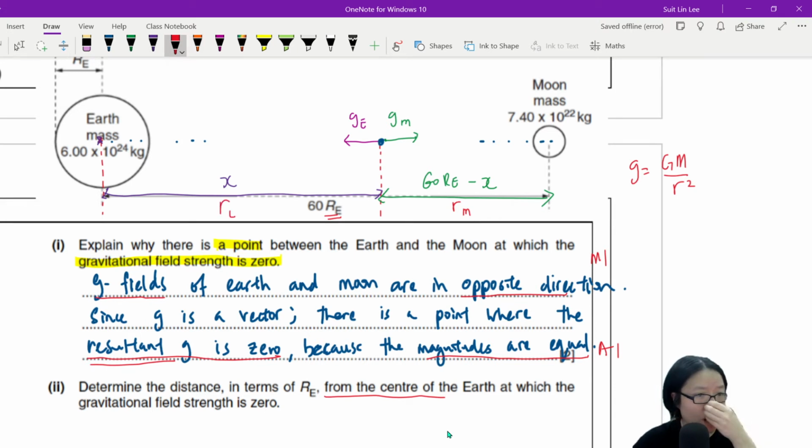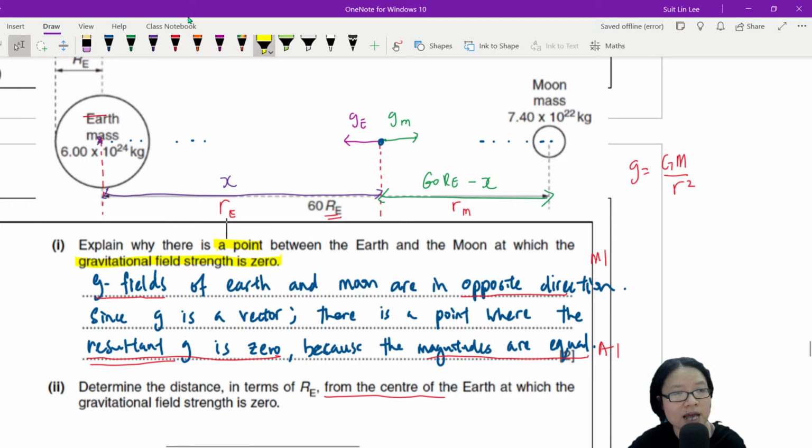Let's say I call this r_E, not the same as this capital RE, which is the actual radius of the Earth. We are going to measure the distance from the center here all the way to here, because we want to know how strong the field of the Earth is at that particular point.